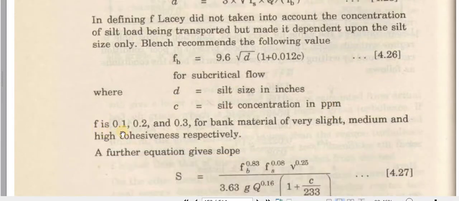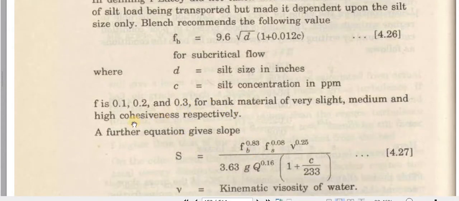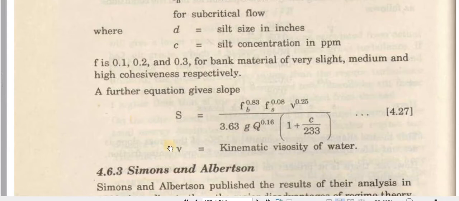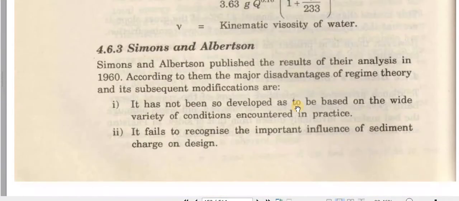Simply, F is 0.123 for bank material of very slight, medium and high cohesiveness respectively. Cohesiveness means near to clay, where there may be high cohesive forces. And you can see the S equation, in which we have the kinematic viscosity of water, almost equal to 0.98 into 10 raised to power minus 6.